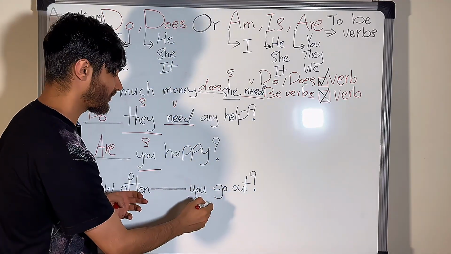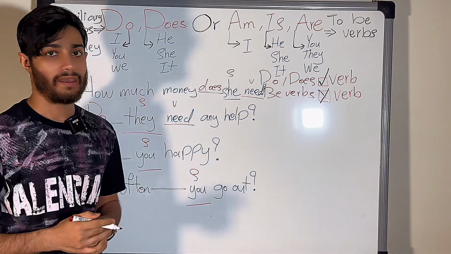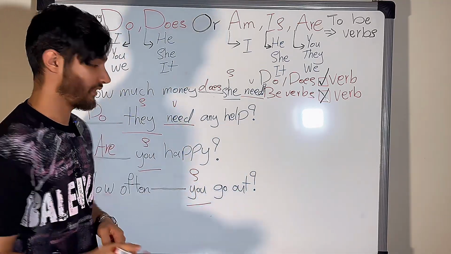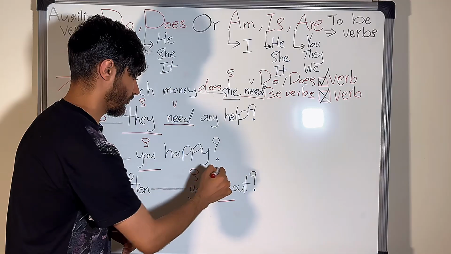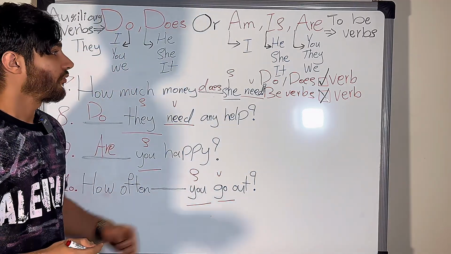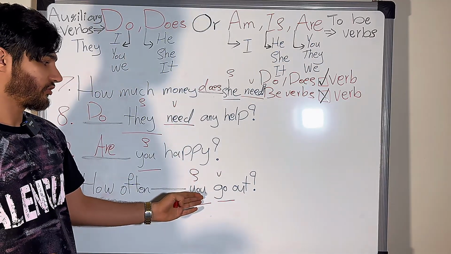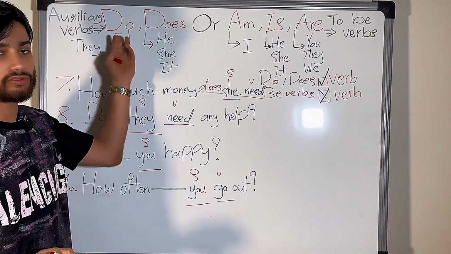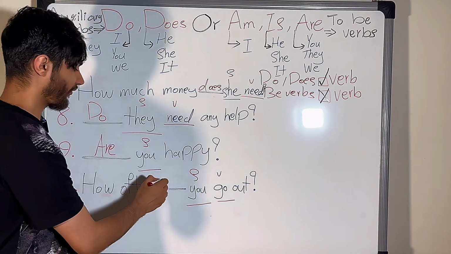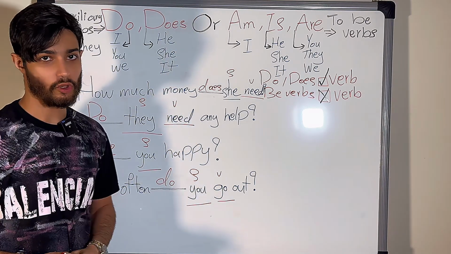My subject is you. And do I have a verb? Yes, my verb is go. So when I have a verb in this sentence and my subject is you, I have to use do. So, how often do you go out?